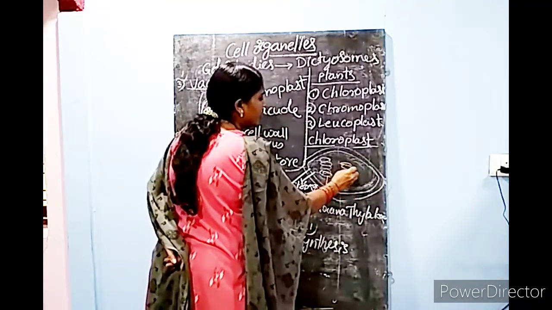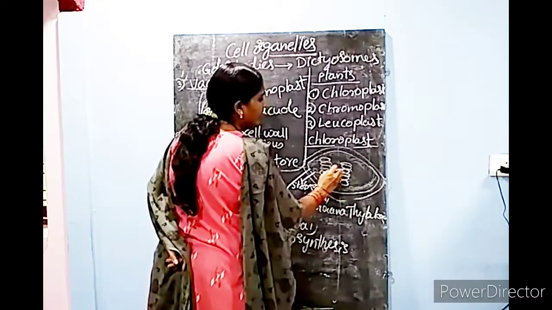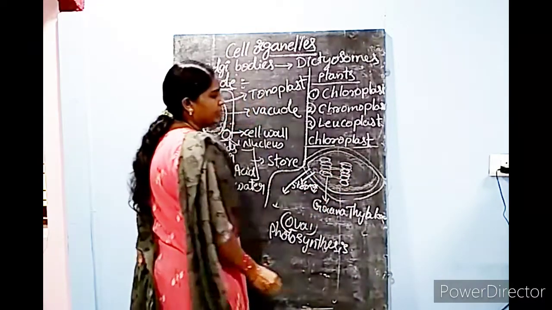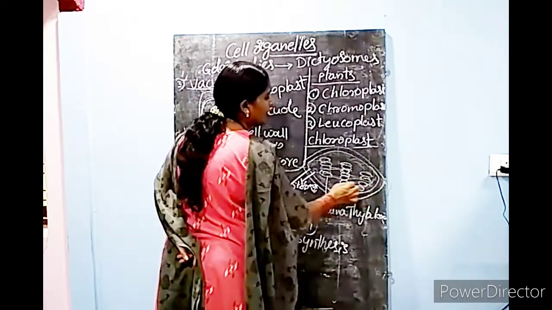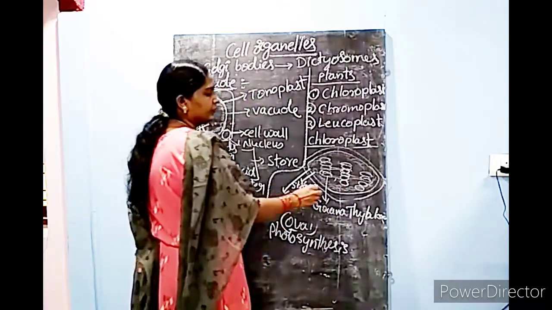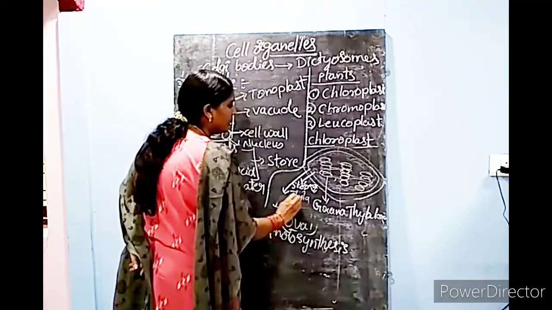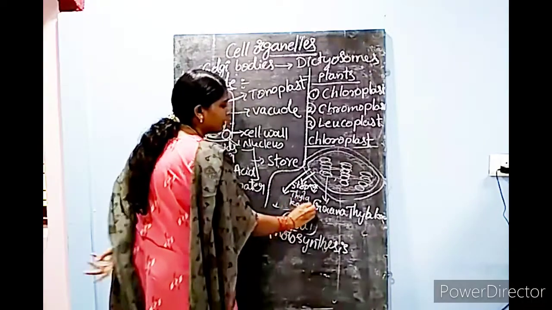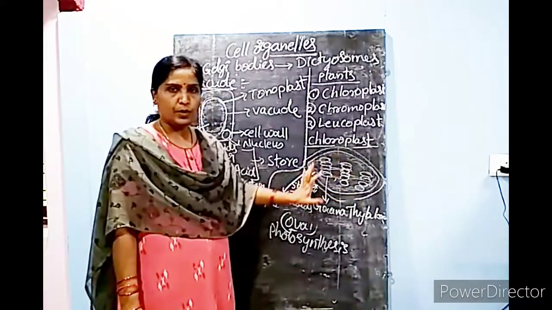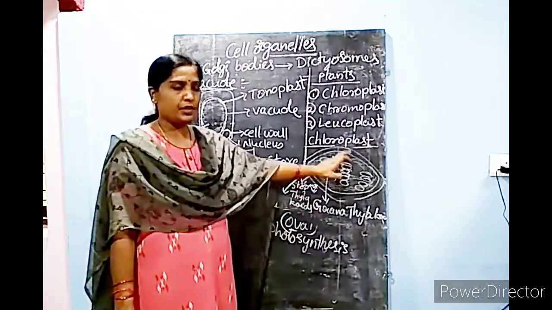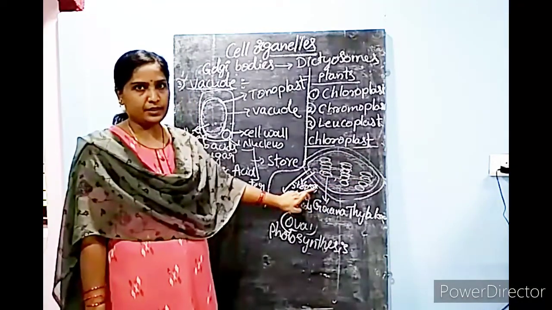One granal thylakoid is attached to another grana thylakoid by stroma thylakoids. These attachments are known as stroma thylakoids. So this is the structure of the chloroplast: oval in shape, with a double membrane, and after the inner membrane a jelly-like substance called stroma is present.